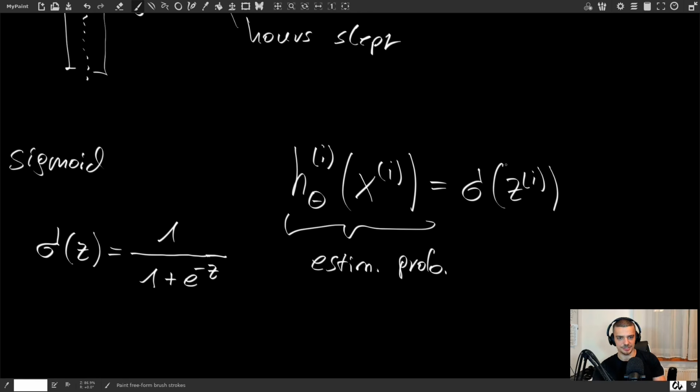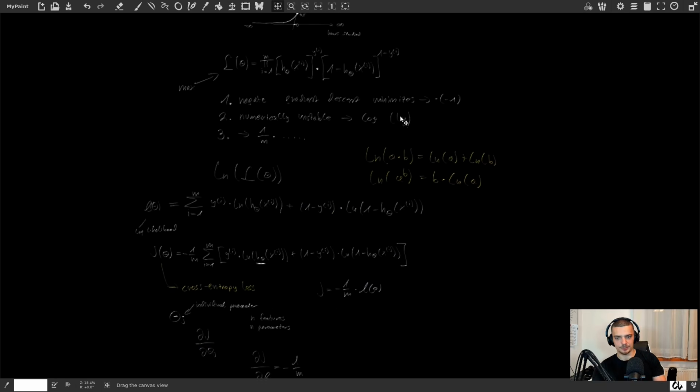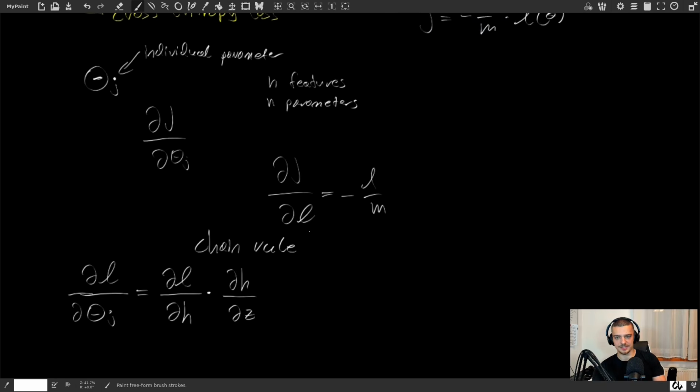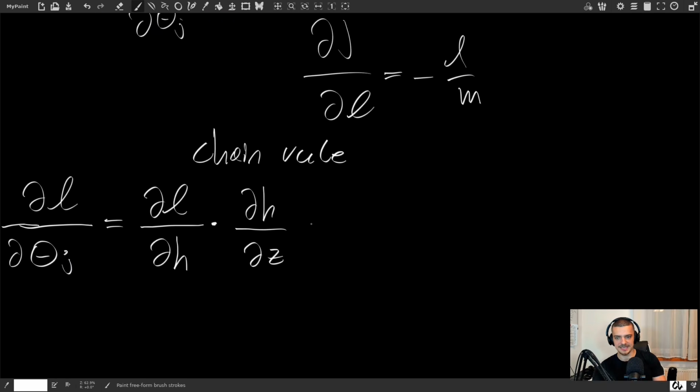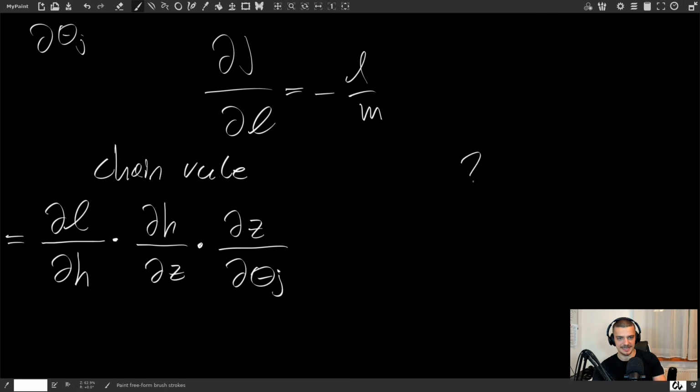So h is just sigmoid of z. So the relationship here is also important. How does h change with respect to z? And then I need to ask, how does z change with respect to the parameter? Because remember, z is just the parameter times the instance. So that is the formula again.